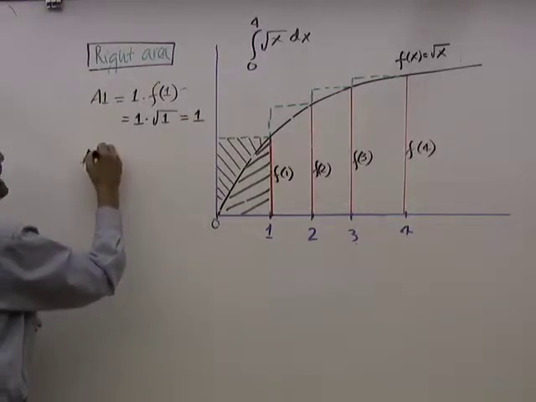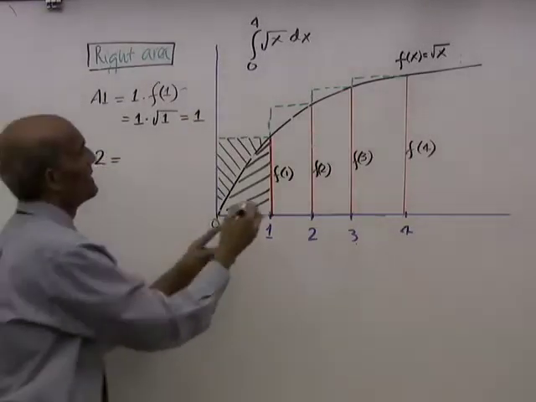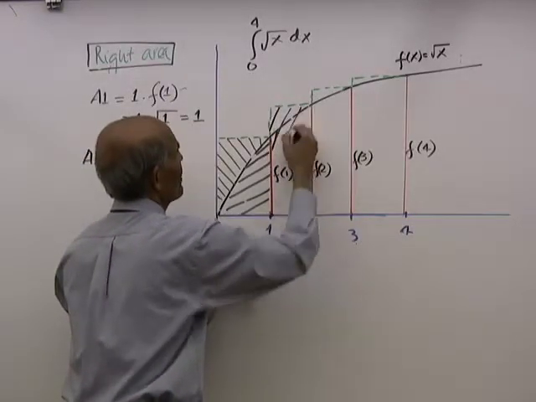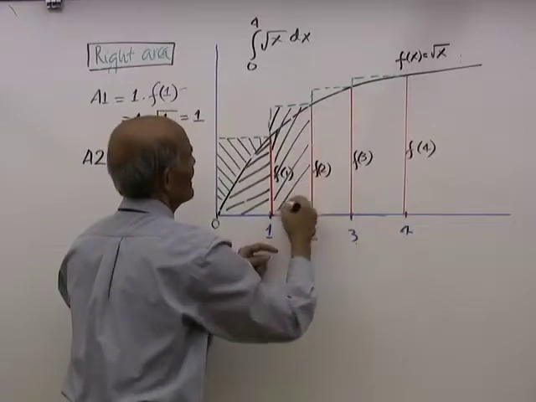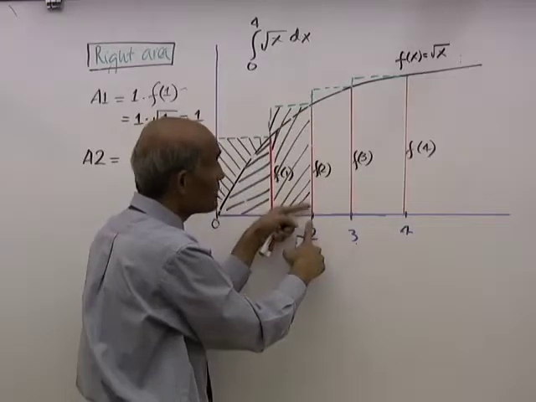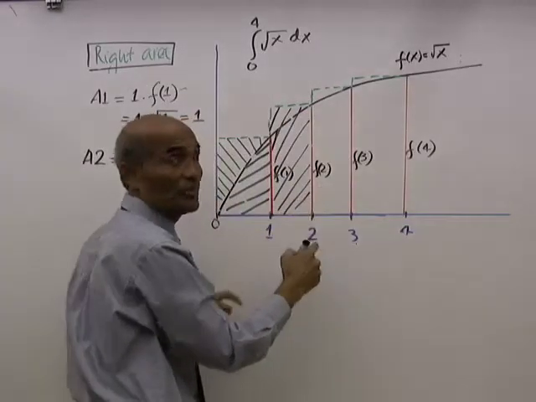Alright, what is A2 equal to? A2 is the area of this rectangle. And that will be delta x multiplied by the right side of the area, which is f of 2.